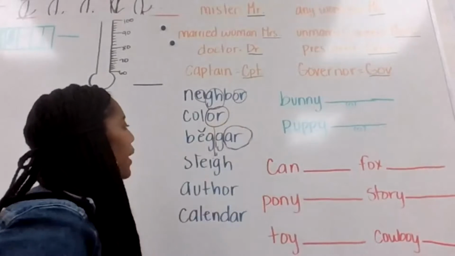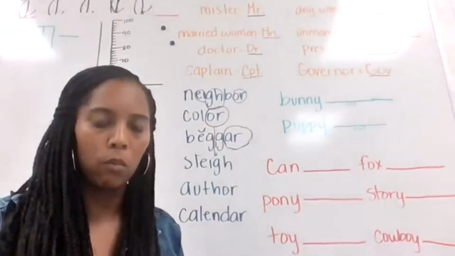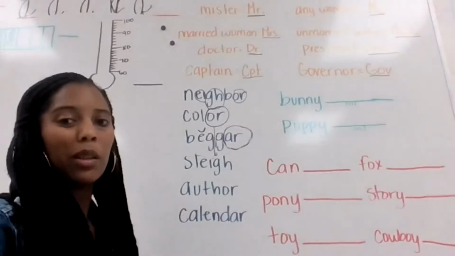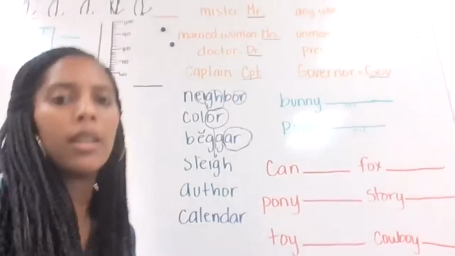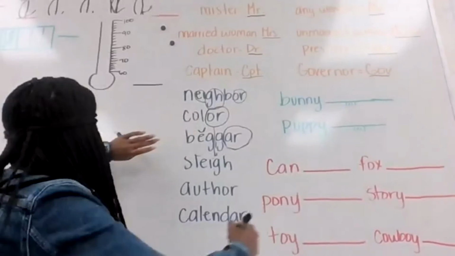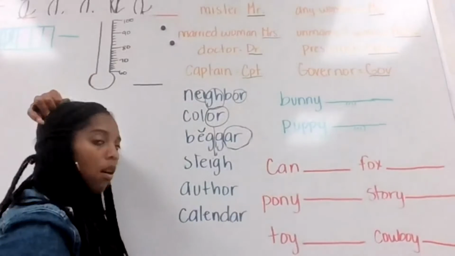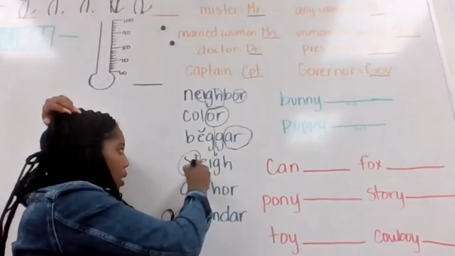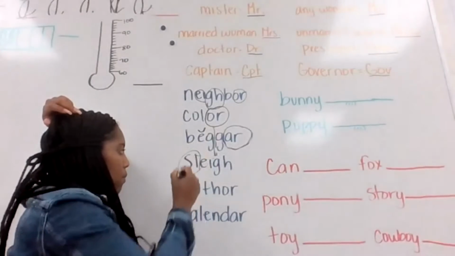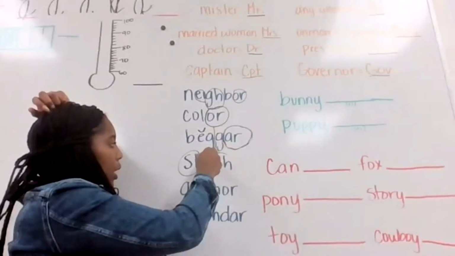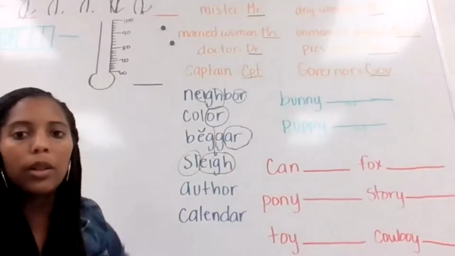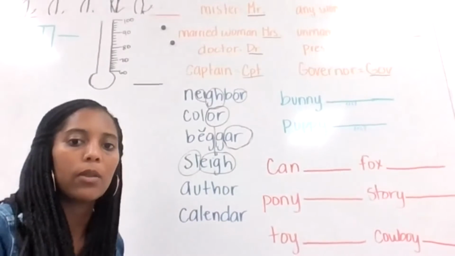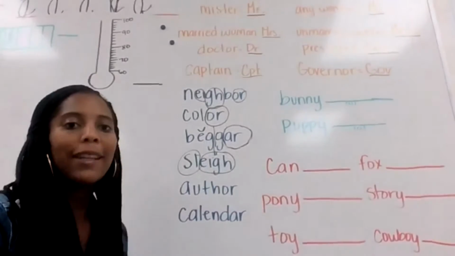Beggar. Okay, next one. Anybody? Let's see. Serenity. Special sounds. Circle SL. Mark the E. I-G-H, that's the new sound. E-I-G-H, what's the word? Sleigh, yes. Like if you have some snow, you can go sleigh right here. Okay, thank you. Next one.